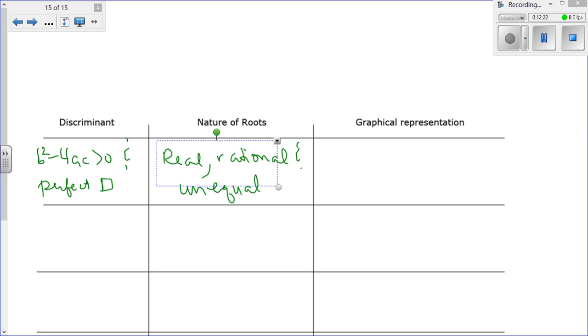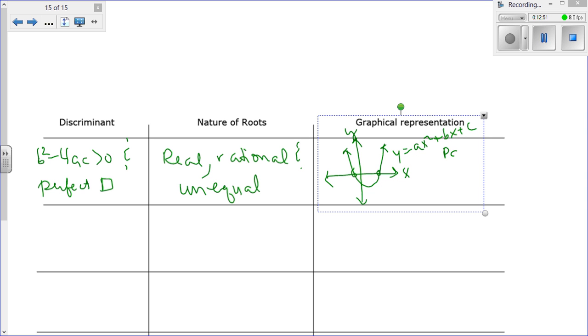Okay, and on a graph, that would look something like this. It's going to cross the x-axis in 2 places. And my formula is y equals ax squared plus bx plus c.